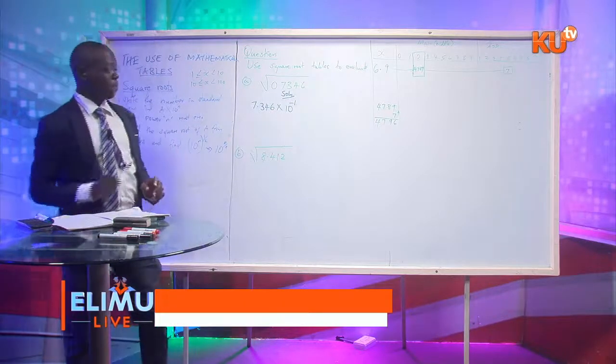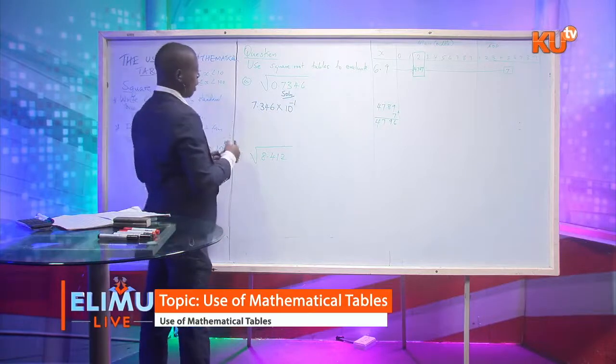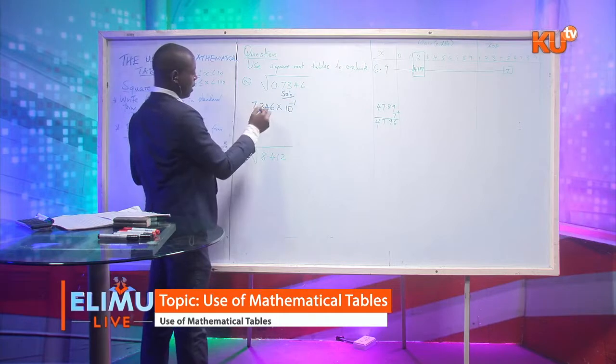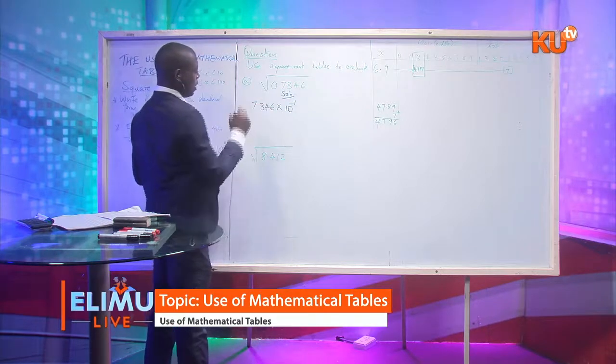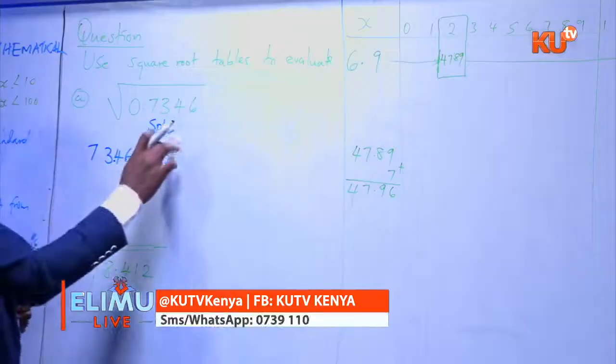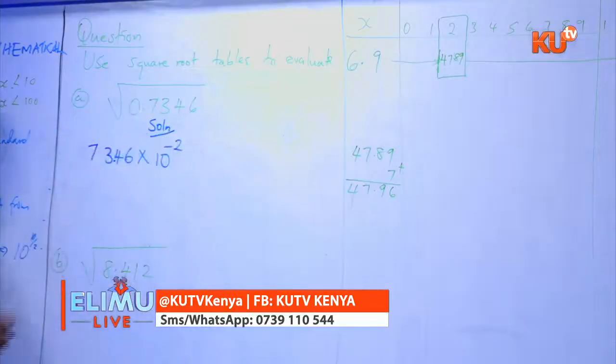So we change it to be even by moving one more step ahead. So I'll move the decimal from between 7 and 3 and put it between 3 and 4. And once I do that, the power changes again to negative 2. And so that becomes the right form of this number in standard form for the use of square root tables.